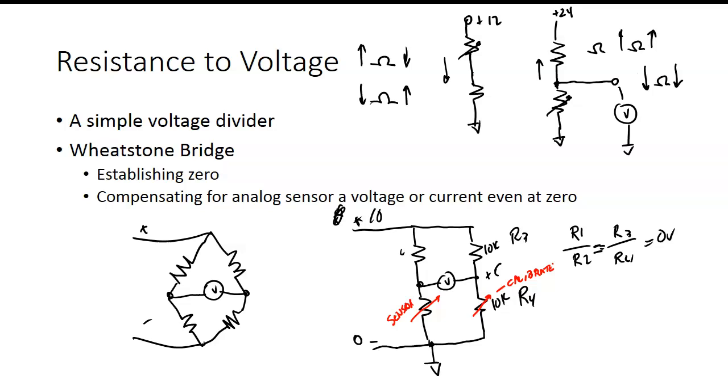Now we have a reference to 32 degrees Fahrenheit or 0 degrees Celsius, right? And now when the resistance changes, it would actually mean something, because with a Wheatstone bridge we can establish a 0. So with a pressure sensor, I could establish a 0, because it's going to sense 0 all the time.